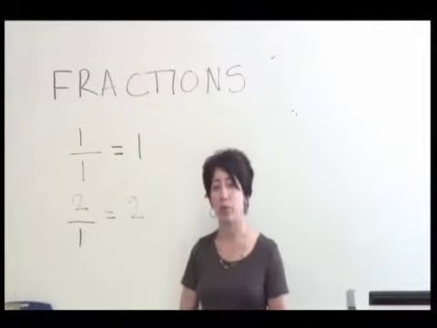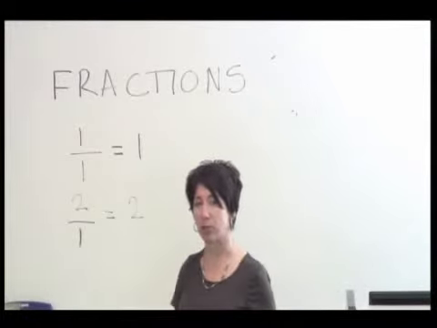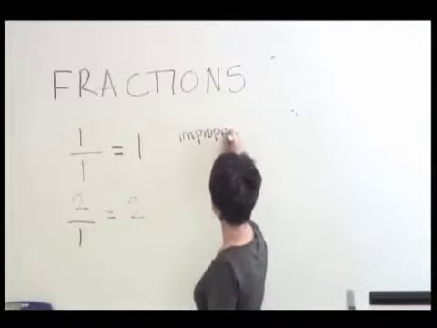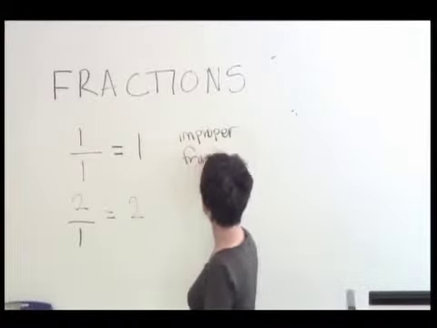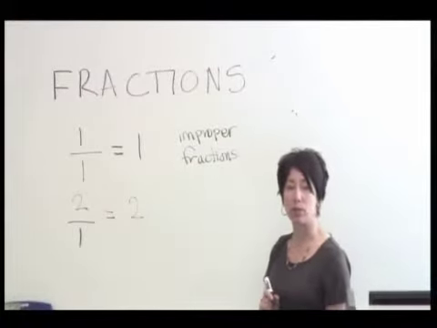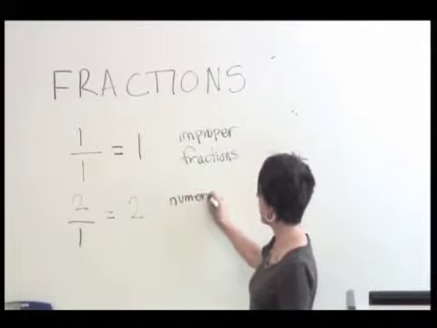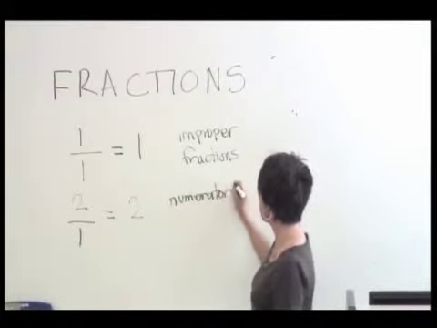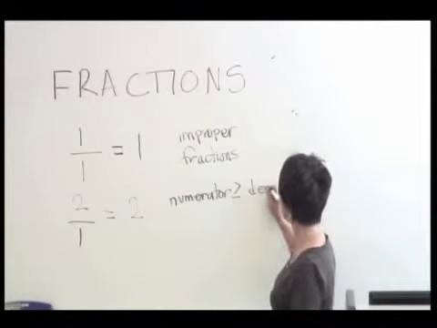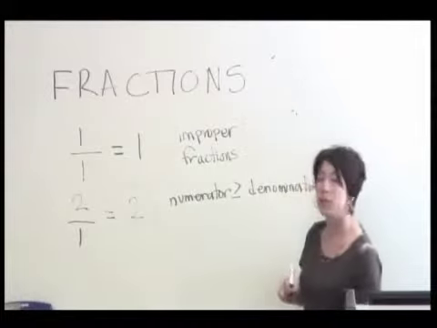Now, what this example shows is a different type of fraction than a proper fraction. These are known as improper fractions. And these improper fractions occur whenever the numerator is greater than or equal to the denominator.